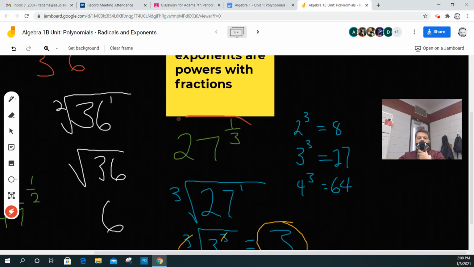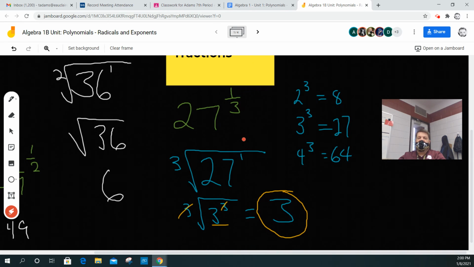I want to take the cube root of 27, or 27 raised to the 1/3. Now you can plug this in your calculator and it'll give you the answer, but you don't need a calculator for this. In other words, I'm going to take the 3rd root of 27 raised to the first power.